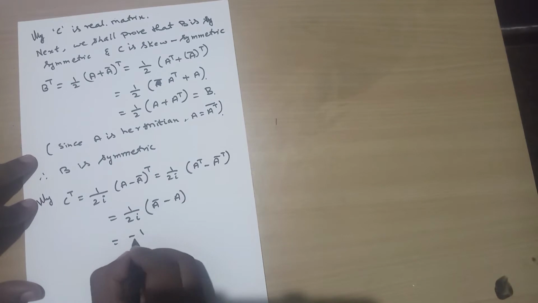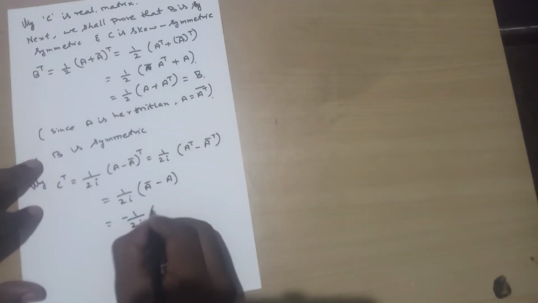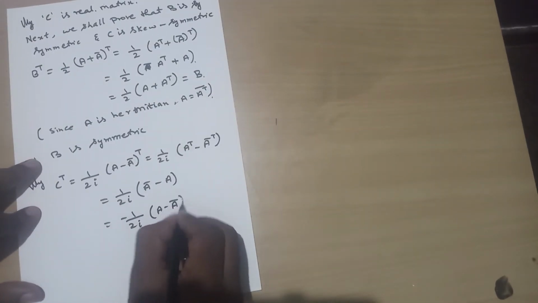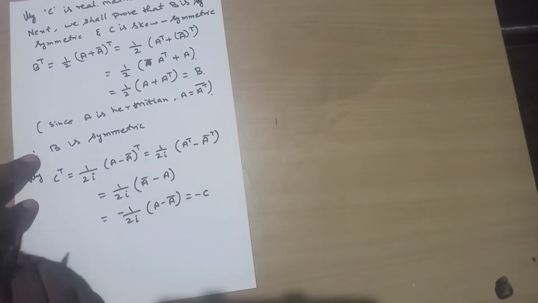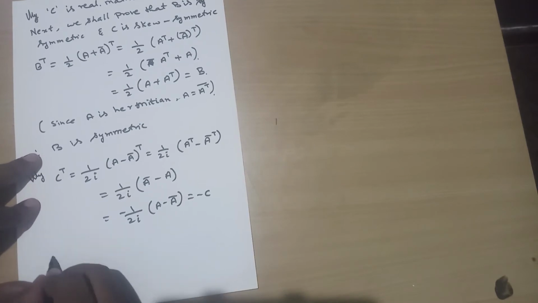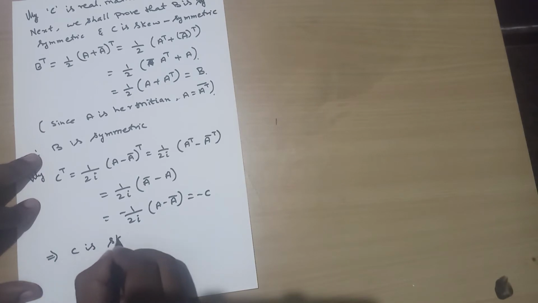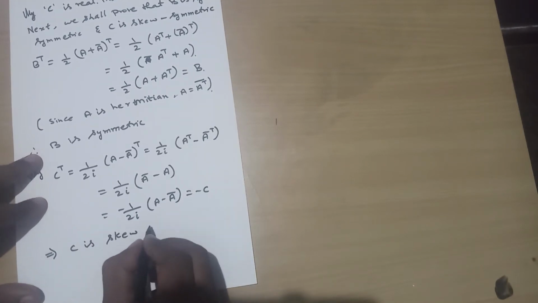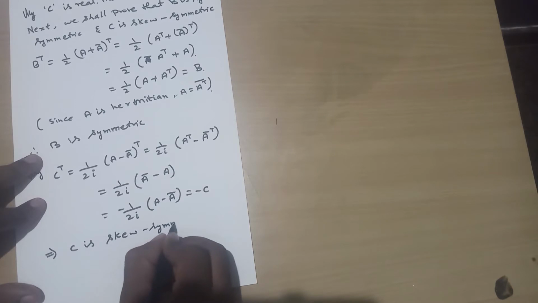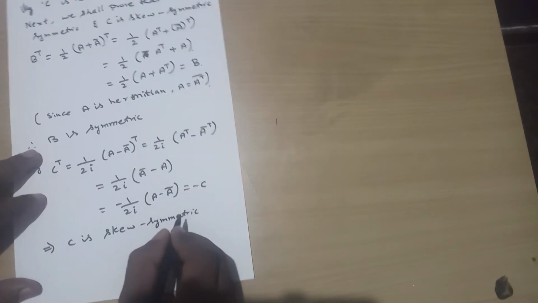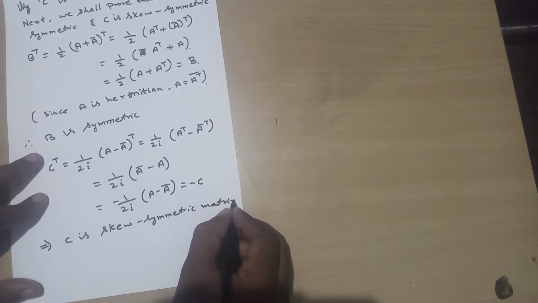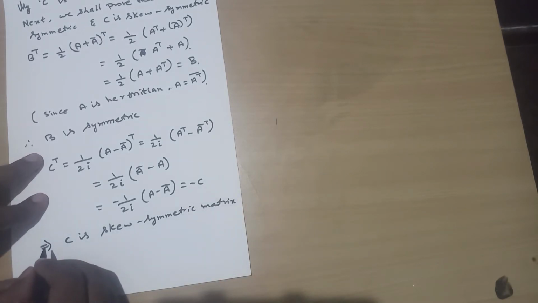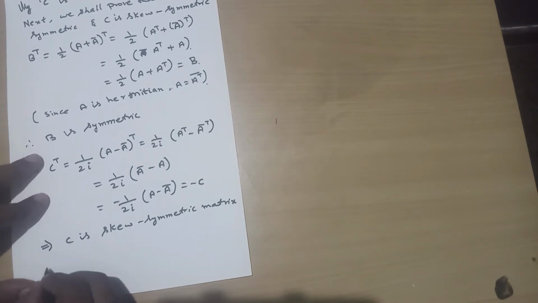If I take minus sign outside, what I get is 1 by 2i times A minus A conjugate, so this is nothing but minus C. So this implies C is skew symmetric matrix.